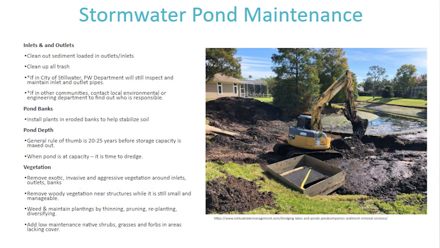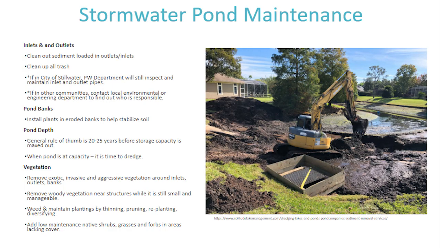And then on the banks, you want to be looking for erosion and exotic vegetation, are the main two. But you can see on this bottom pond here, that bank is heavily eroded there. And that's something that we definitely want to be preventing, because that's just causing more sediment buildup, causing more potential nutrient sediment runoff.